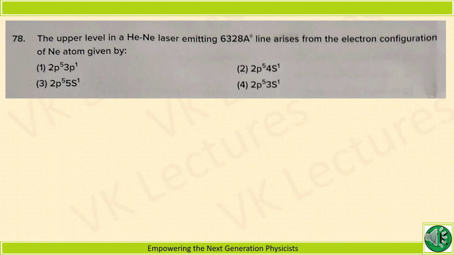The upper level in helium neon laser emitting 6328 Angstrom line arises from electron configuration of neon atom given by 2p5 5s1, option 3.